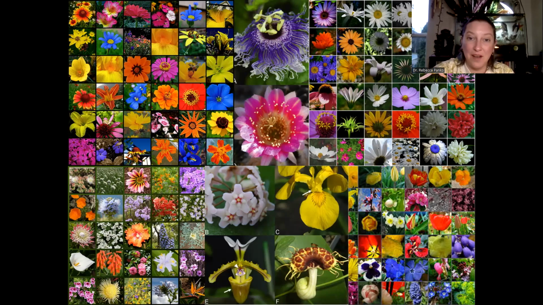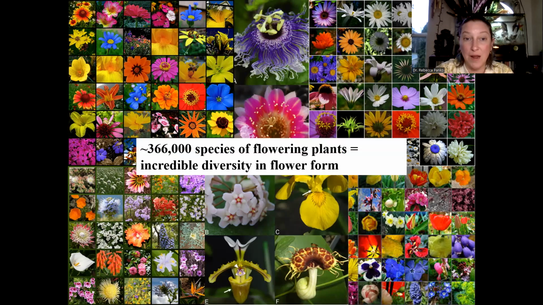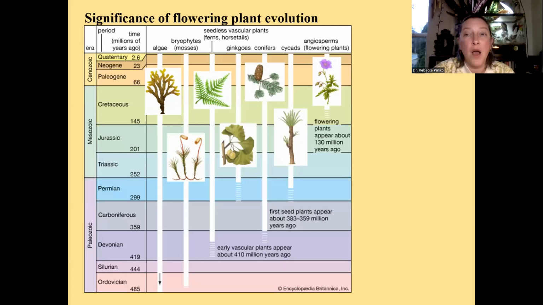So there's quite a bit of diversity in flower shape and form, right? Before we jump into that diversity, we should first look at the significance that the evolution of flowering plants had on other organisms in the world.